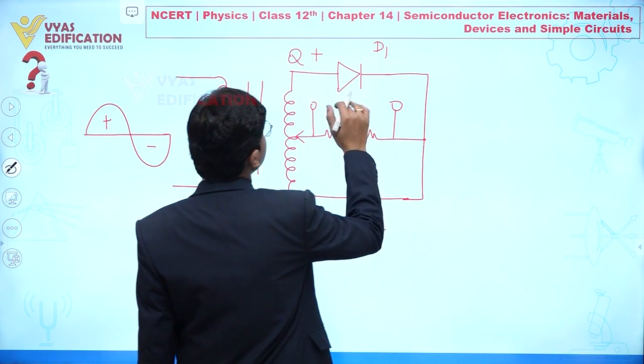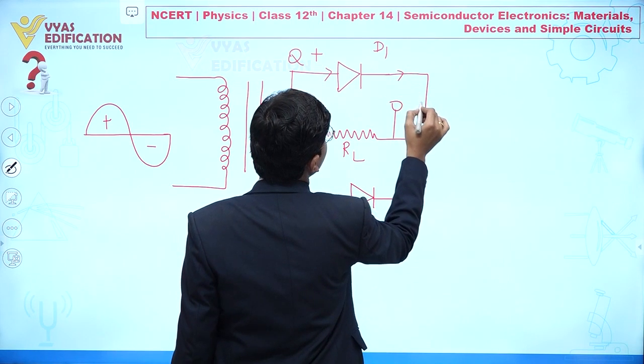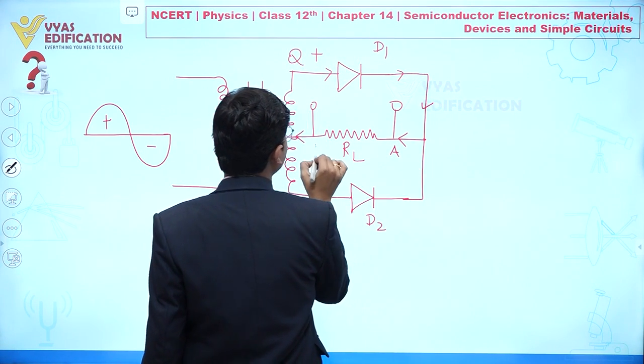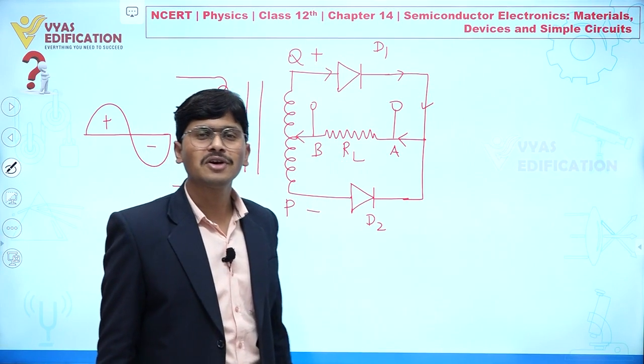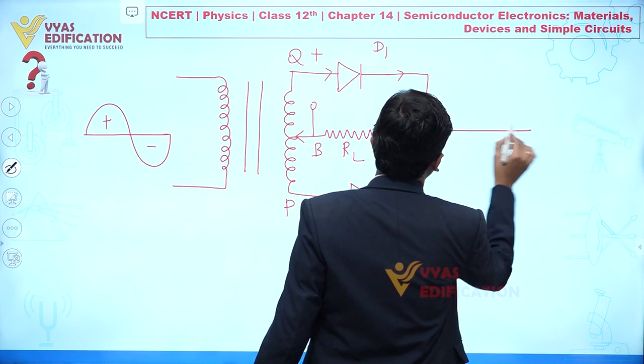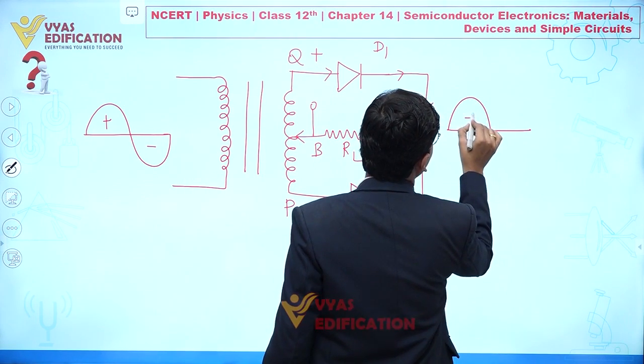So at that time some current will flow in this direction. Let's take these points A and B. In the load resistance, current is flowing from A to B side. And this is the output form that you will get in the first half cycle.